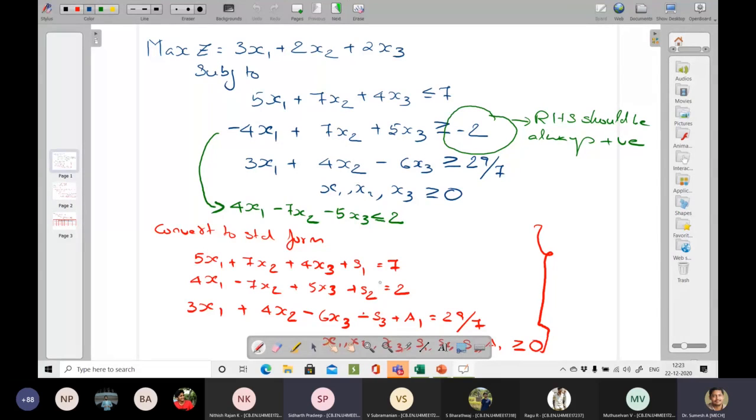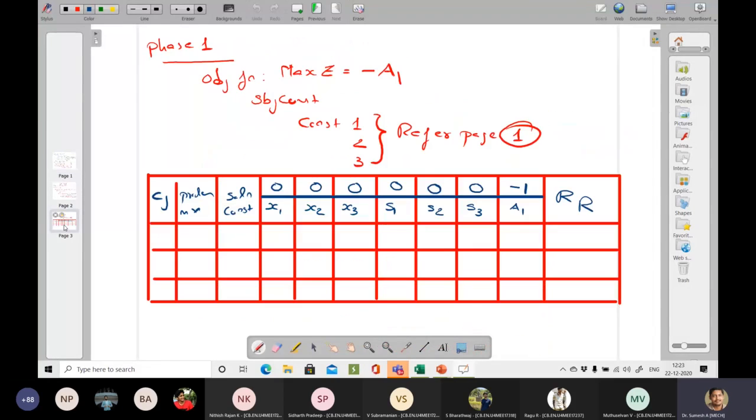So under product mix, the variables will be S1, S2, and A1. The value of S1 is 0, S2 is 0, and A1 is minus 1.